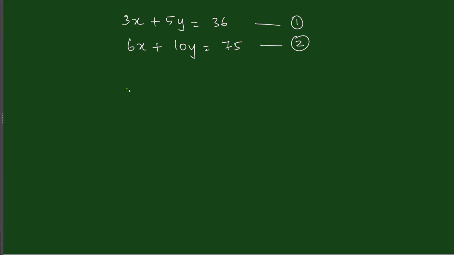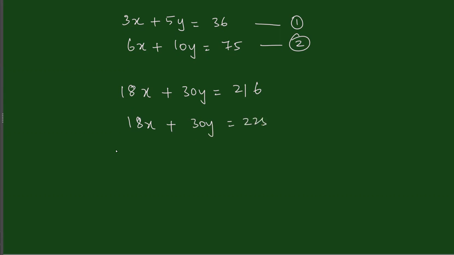Okay, so if I multiply the first equation by 6, I get 18x plus 30y equals 216. Then you multiplied the second equation by 3: 18x plus 30y equals 225.